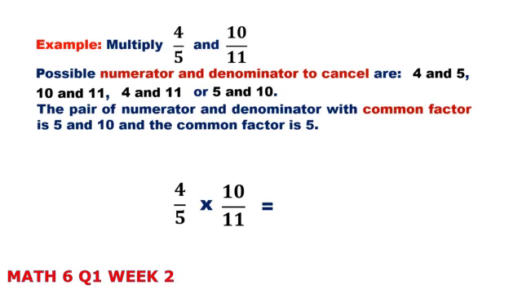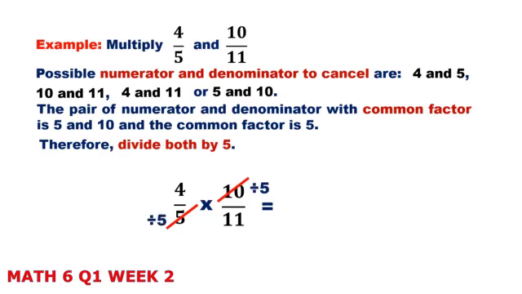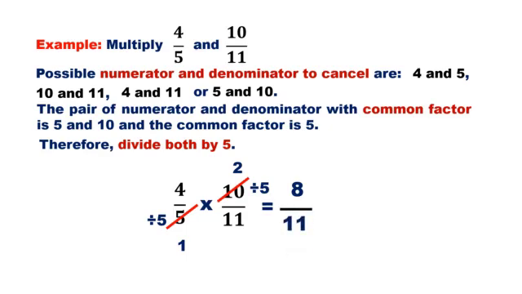The pair of numerator and denominator with a common factor is 5 and 10. And the common factor is 5. Therefore, divide both by 5. So 5 divided by 5 equals 1. 10 divided by 5 equals 2. Then multiply 4 times 2 and multiply 1 times 11.